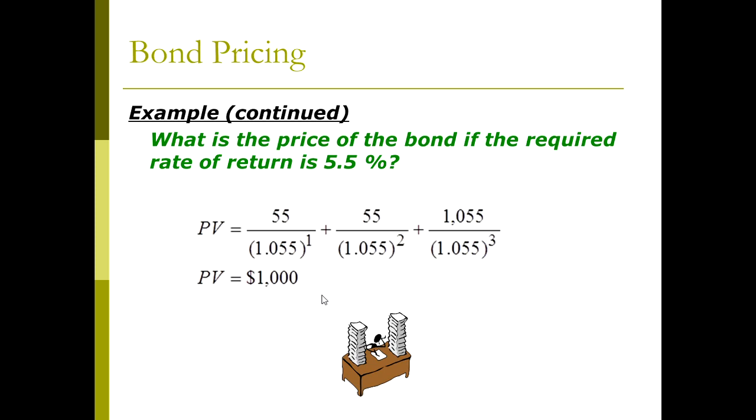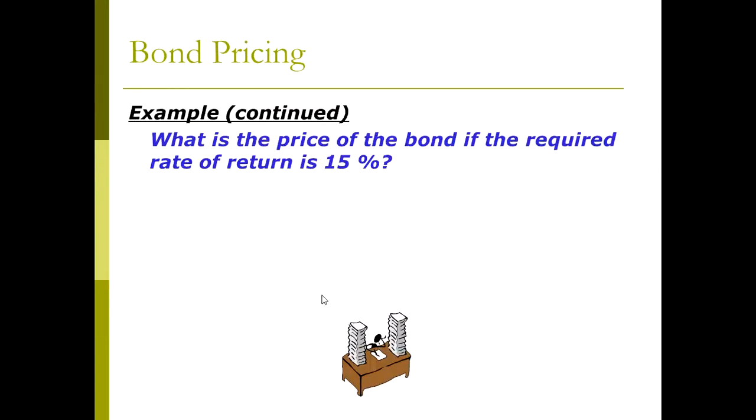Okay, we're going to look at another example, and then I'm going to tell you why the bond price dropped compared to the first case. So the third case is, now the rate of return increased to 15%. In the previous slides, we had 5.5, but now we have 15.